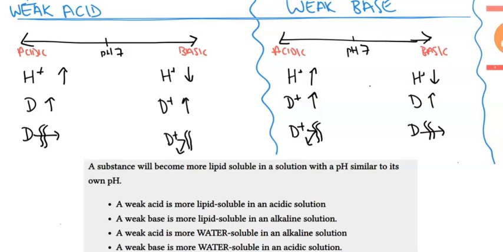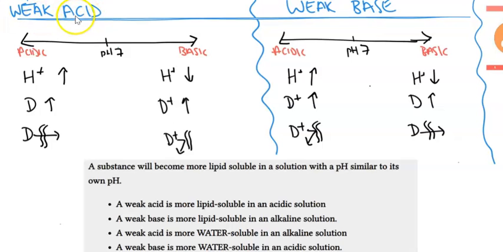What this slide is showing you is that, let's say I give you a drug and that drug is a weak acid. If I give you a drug, I would tell you whether it's a weak acid or a weak base. So what happens to your body when you take that weak acid?